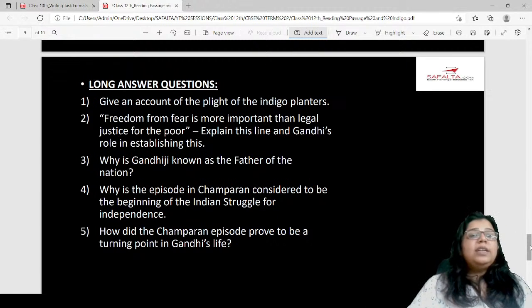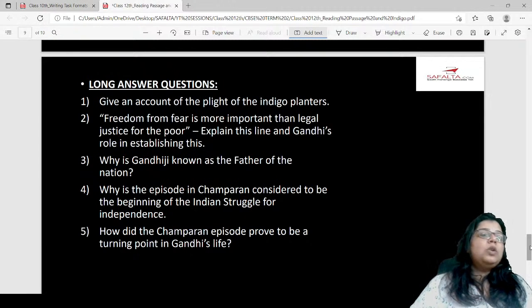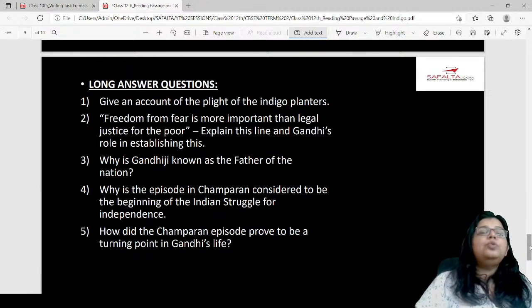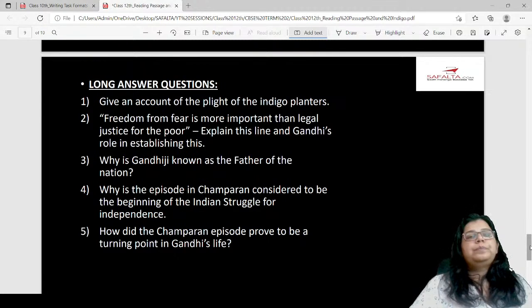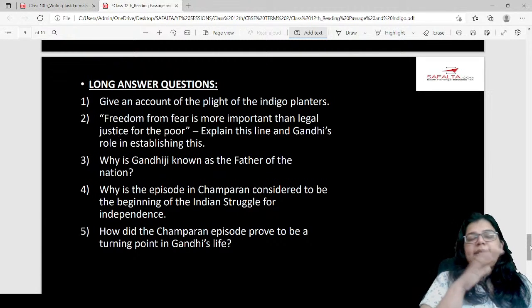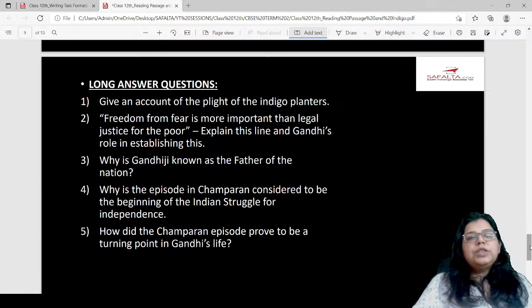Now, what was the state of the indigo planters? They were in deep financial distress. They were fear-stricken. And why was it so? Because most of the arable land, arable meaning land that can be used for growing crops, was owned by British landlords.